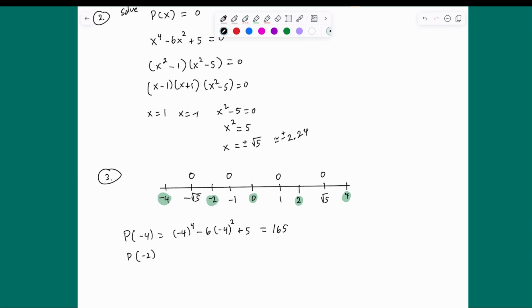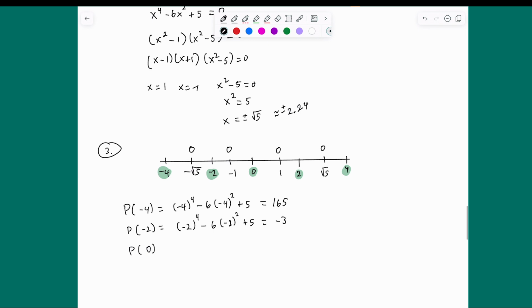Then we plug in negative 2: negative 2 to the fourth power minus 6 times negative 2 squared plus 5. Doing the arithmetic gives us negative 3. Then we have the polynomial evaluated at 0: 0 to the fourth minus 6 times 0 squared plus 5, which spits out 5.